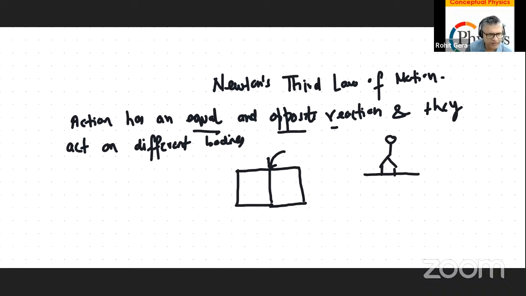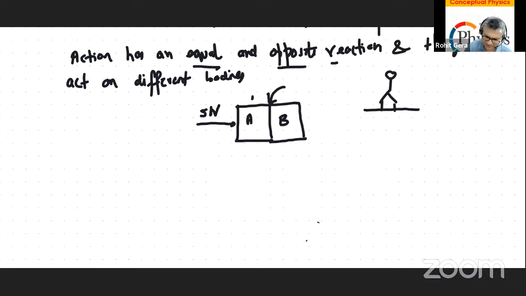force of 5 newtons here, okay, then this block number A will press against block number B, okay, and the way it works is there will be a mutual force between them. अब मैंने इन दोनों को अलग कर लिया.